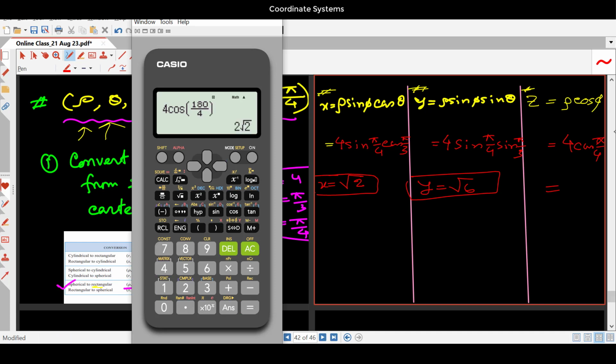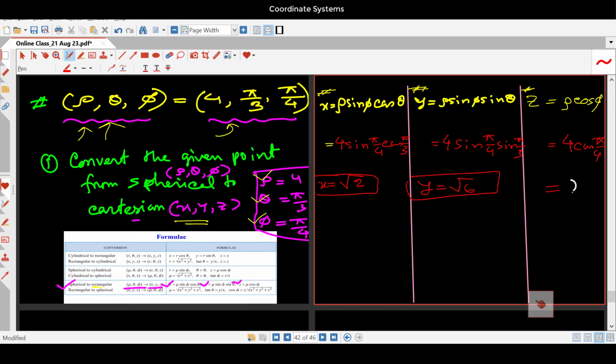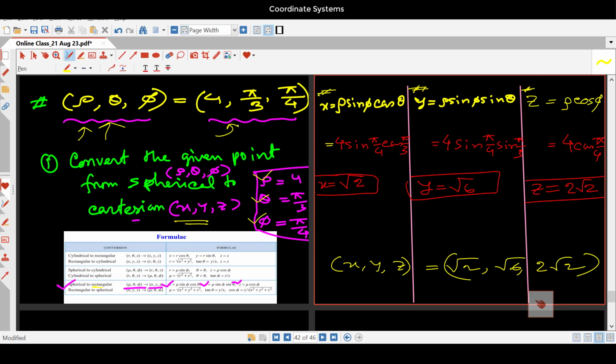So the result is 2 root 2. That means the point is converted to x, y, z. So x, y, z is root 2, root 6, 2 root 2. So this point 4, pi by 3, pi by 4, in spherical coordinate system, rho, theta, phi, has been converted to x, y, z.